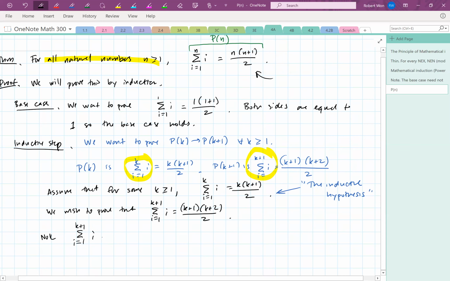That this is equal to just the sum from i equals 1 to k of i plus k plus 1. This is just summation notation. If I add up all the integers from 1 to k plus 1, it's like adding up all the integers from 1 to k plus k plus 1. And now, by the inductive hypothesis, I know what this is. I get to assume that this is k times k plus 1 over 2.